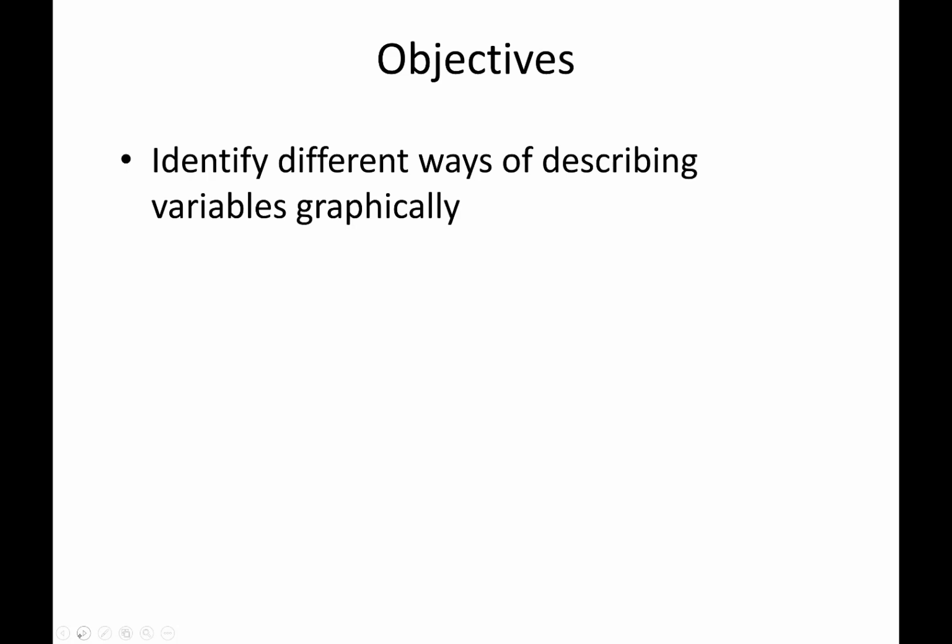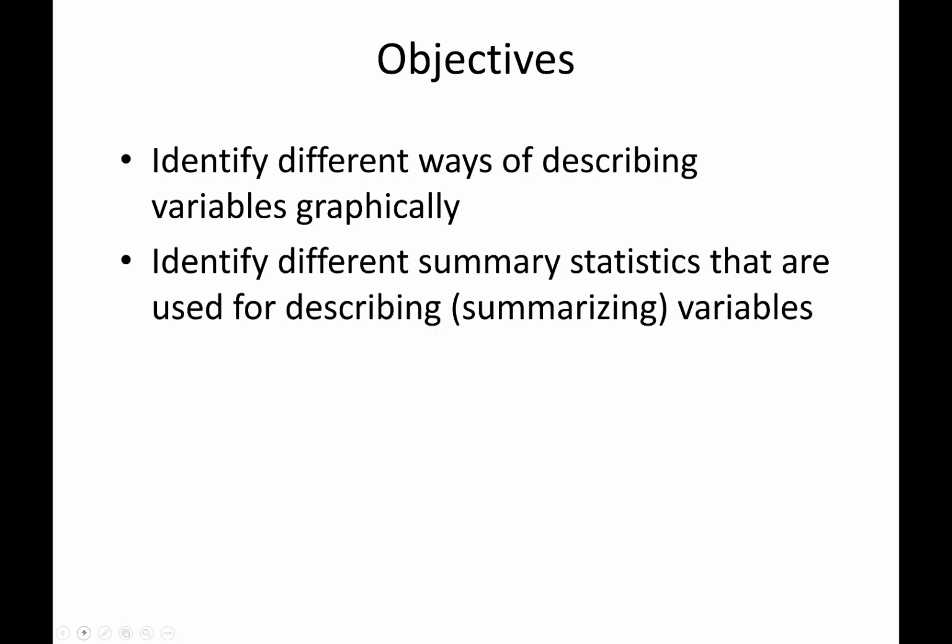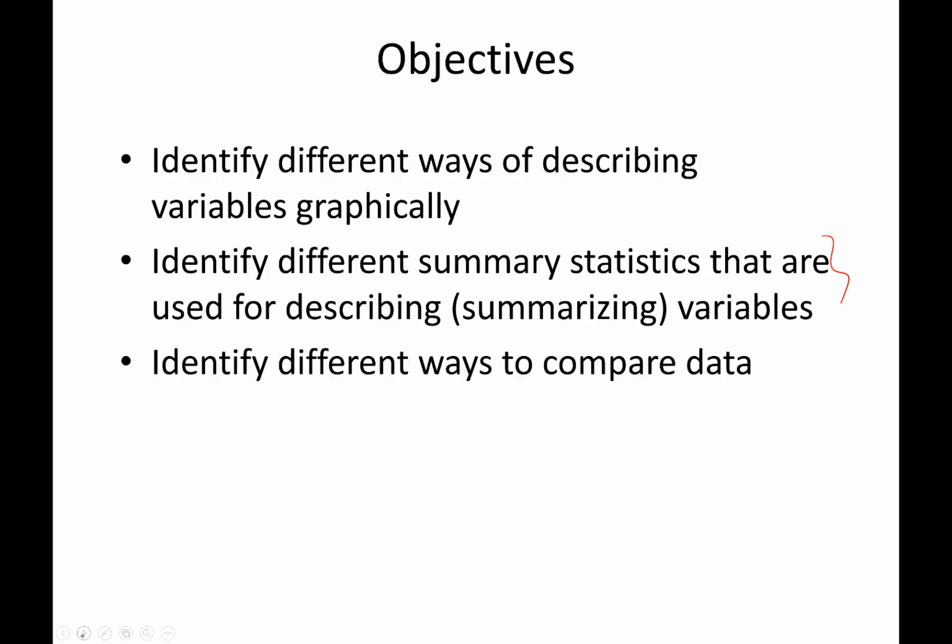When we look at descriptive statistics, the things we should get out of this section are: we want to identify different ways of describing variables graphically. Identify different summary statistics that you can use for describing variables, and this is mainly with continuous or quantitative data. And you should know different ways to compare data. In other words, if I want to compare two different groups, how can I do that?